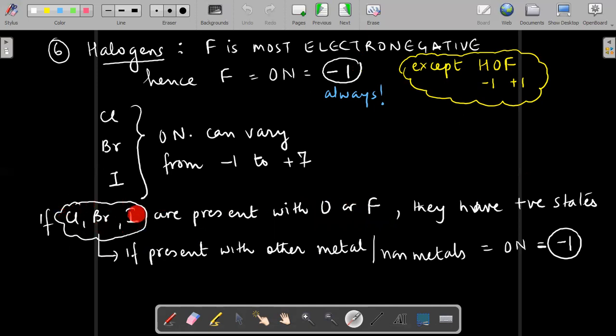So by default these chlorine, bromine, iodine have to acquire positive states. But if this chlorine, bromine, iodine is present with any other metal or non-metal in the periodic table, so इनका oxidation number is taken to be -1.